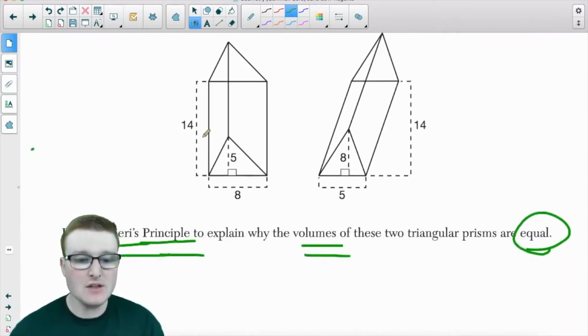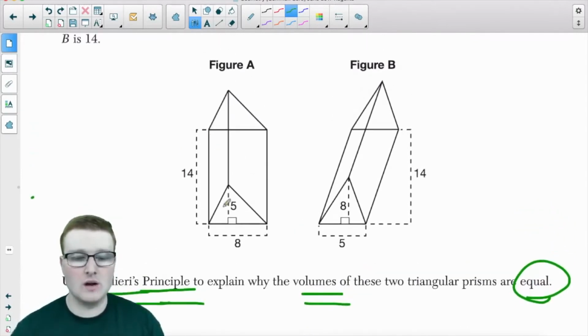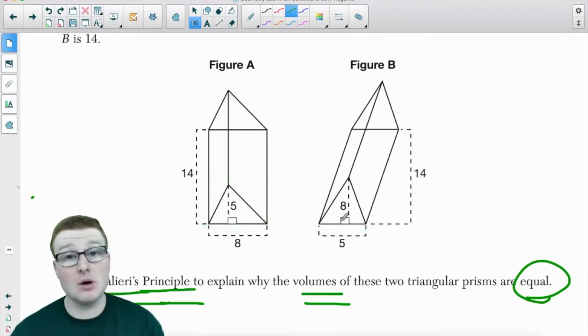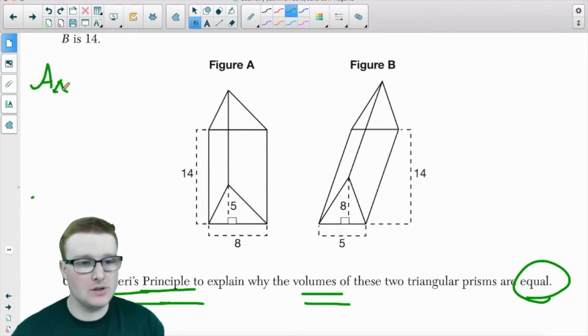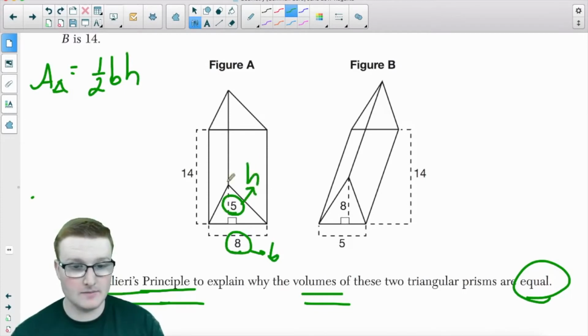The first step that you need to figure out is to calculate the area of both of the bases to prove that they are the exact same area. These are both triangles, so the area formula of a triangle is 1/2 base times the height. In this case, the base is 8 and the height is 5.